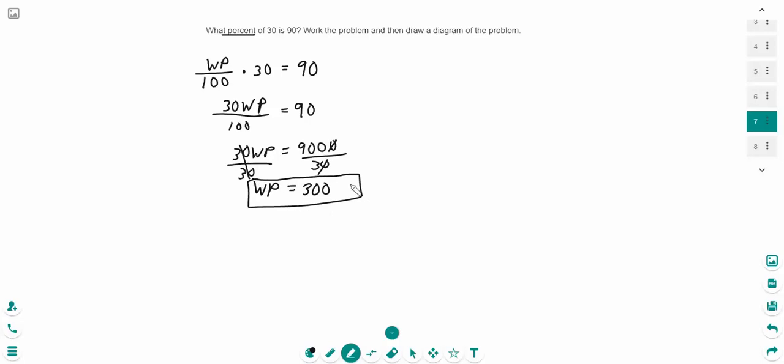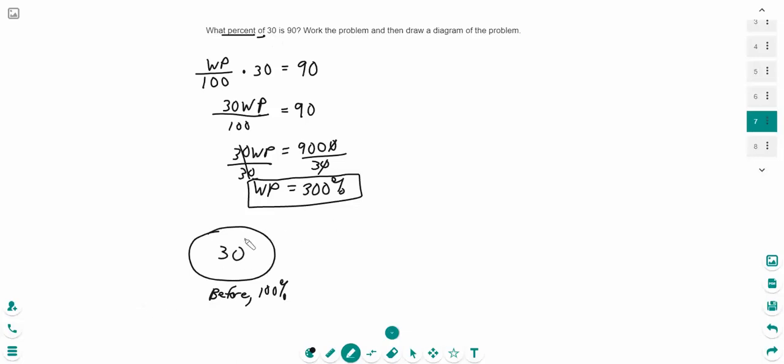Okay? Now to draw the diagram. And here we know we've got our before bubble. That's straightforward. So what did we start with? What was the original 100%? Well, the original was what percent of 30? Here's our of 30. 30 was the original number, okay? And then we took that 30, and what did we do to it?